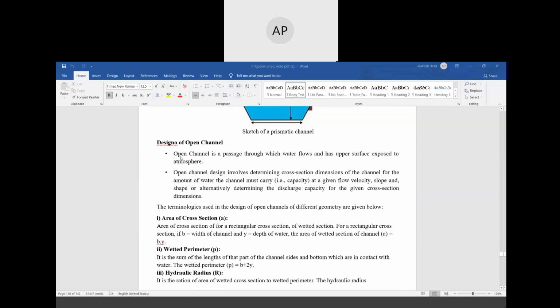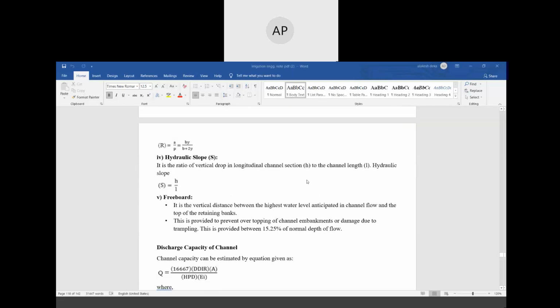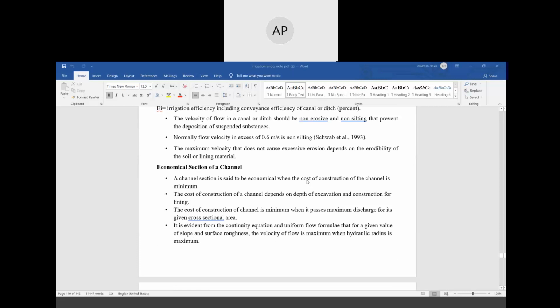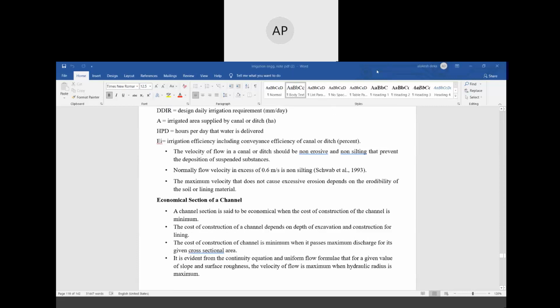For design of an open channel, you have to know the area of cross section, wetted perimeter, hydraulic radius, hydraulic slope, freeboard, and what is the economical section? A channel section is said to be economical when the cost of construction of the channel is minimum.